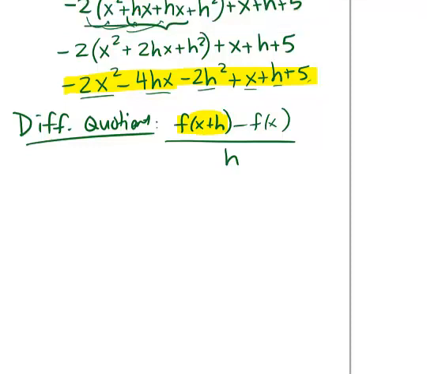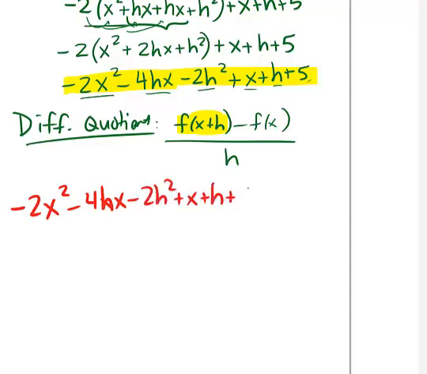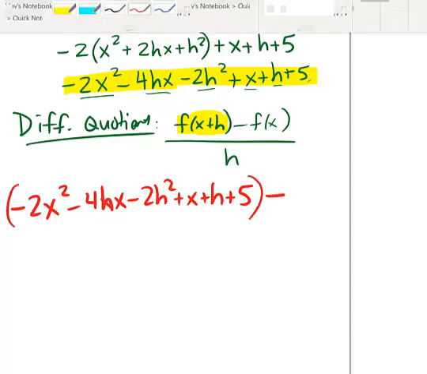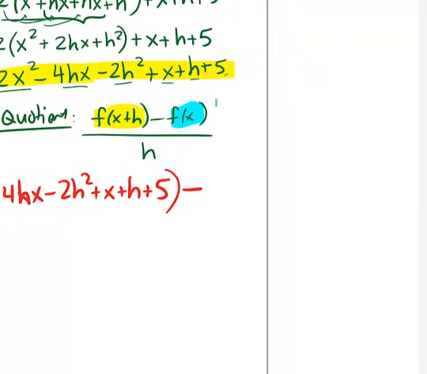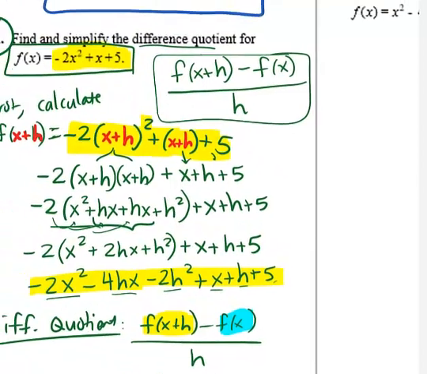So I'm going to write that first. Negative 2x squared minus 4hx minus 2h squared plus x plus h plus 5. So it's supposed to be that. Maybe I'll put it in parentheses just to make it more clear. Minus, okay. And then f of x, here it is, that's just the original function itself that was given.